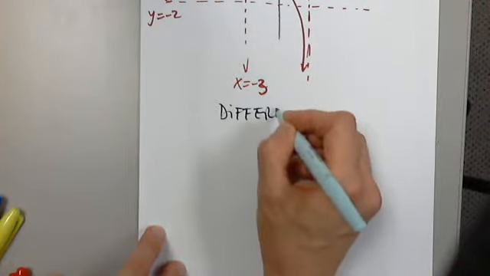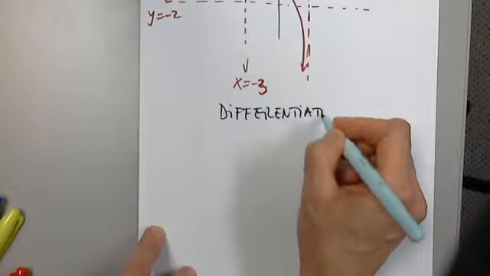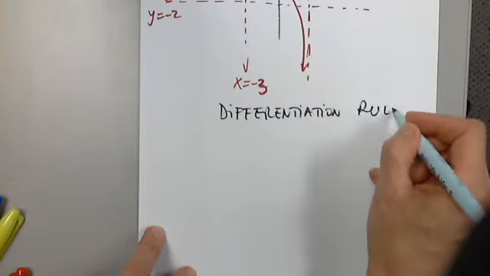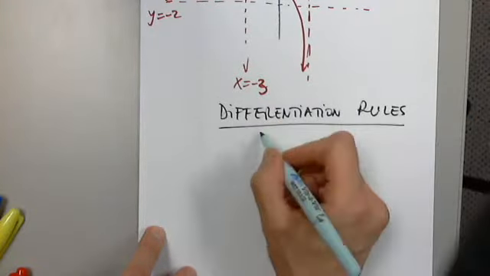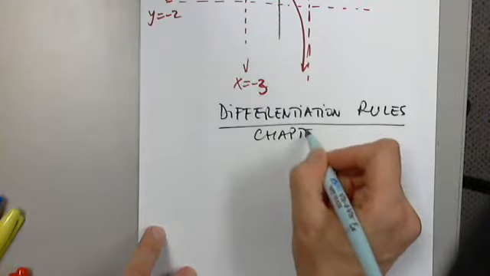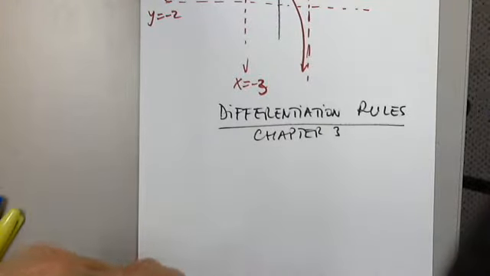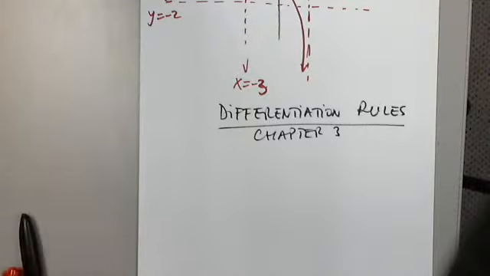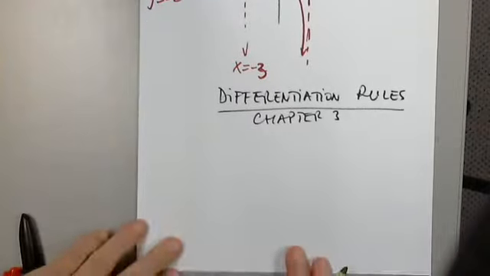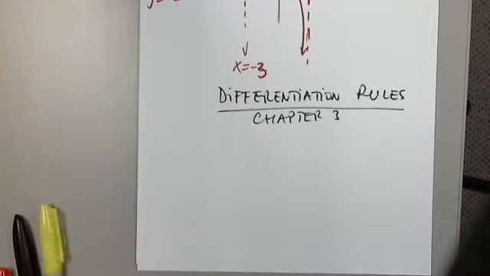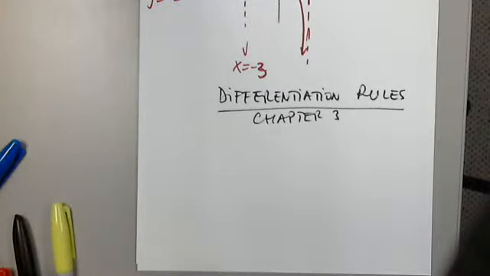Differentiation rules. Chapter 3. I sent my copies for the checklist for Chapter 3, so I will give them to you on Tuesday. This is very light, just 10 minutes, I promise.